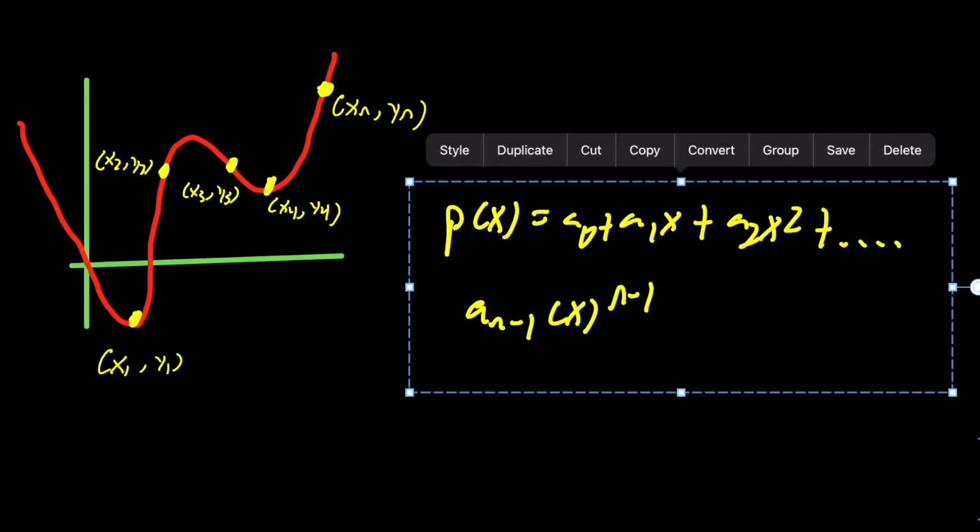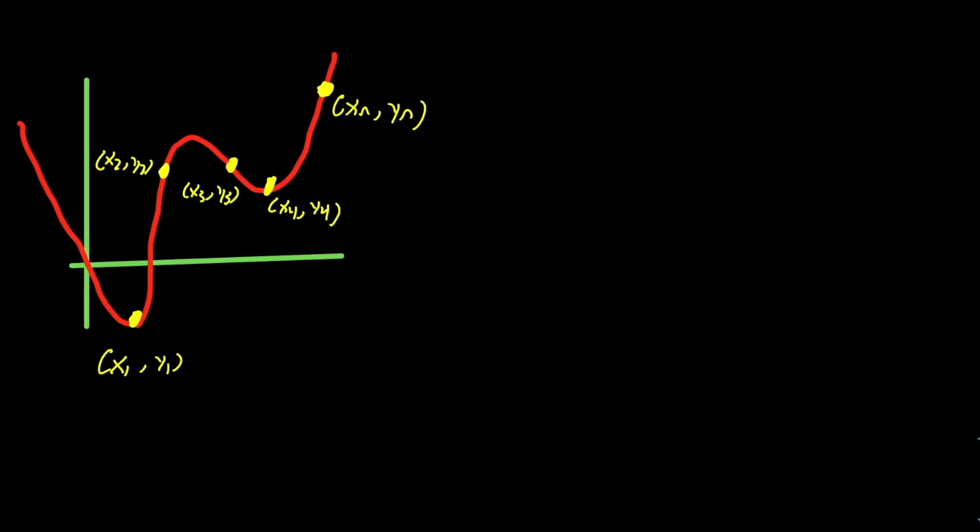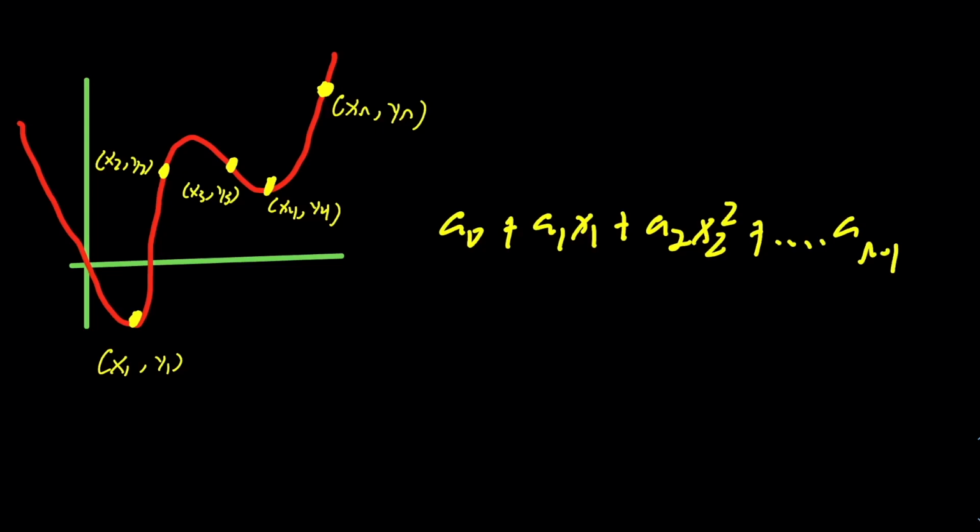So what if we were to solve for n? Well, to solve for the n coefficients of p of x, we would have to draft a system of linear equations, and it will look something like this. a sub naught plus a sub 1 x1 plus a sub 2 x1 squared plus, and as we've already discussed, it's all in the sequence, and of course this is equal to y1.